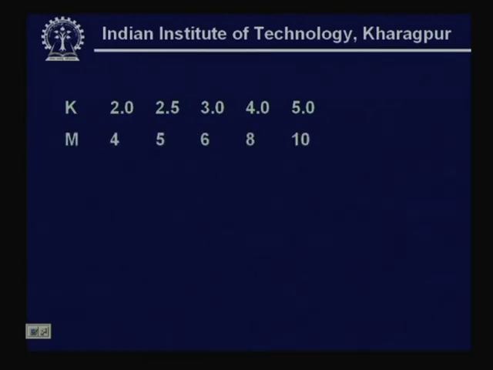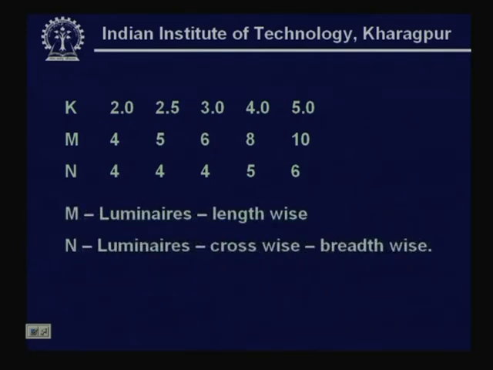Similarly, as the K goes on increasing, you do find more luminaires. This K corresponding to 5 would pertain to a very large hall, maybe a drawing hall, where you have 10 luminaires.